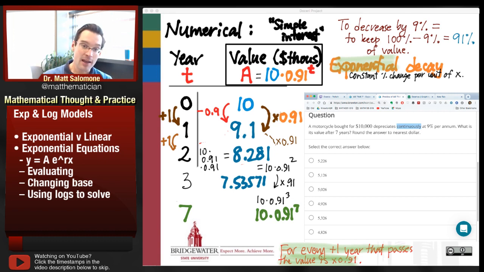Interest, when it accrues, and depreciation, when it happens, is always happening. So it's not just 9% happening once every year. It's not just 3% happening once every quarter, or once every 4 months, because that would look like 9% over the course of the year, but it's not quite the same. It wouldn't be the same thing as 1% happening 9 times every year.